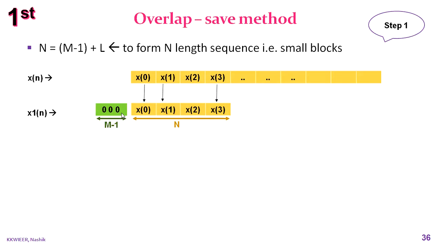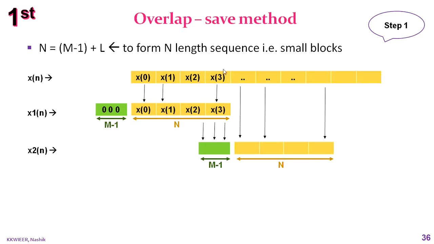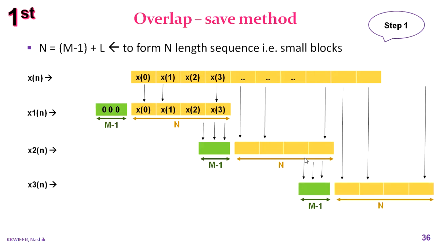Now similarly x2 of n can be given as: M minus 1 samples will be taken from the previous x1 of n, and you will append the remaining L samples from the original sequence. And x3 of n can be calculated by taking M minus 1 samples again and appending L samples. So M minus 1 plus L, the total sequence will be your N.